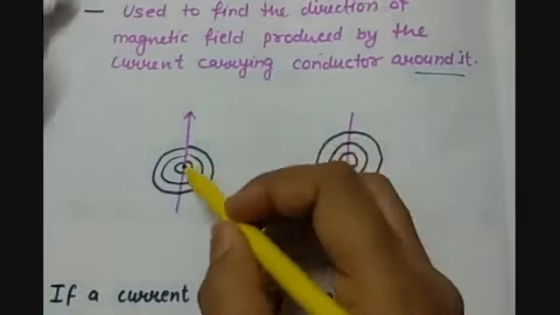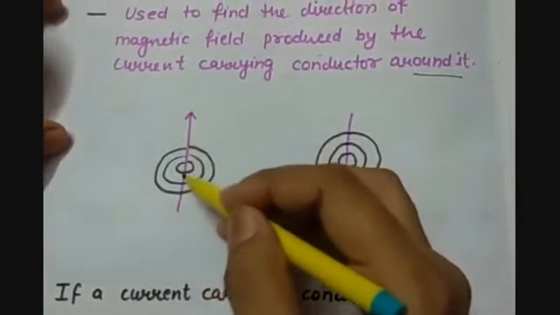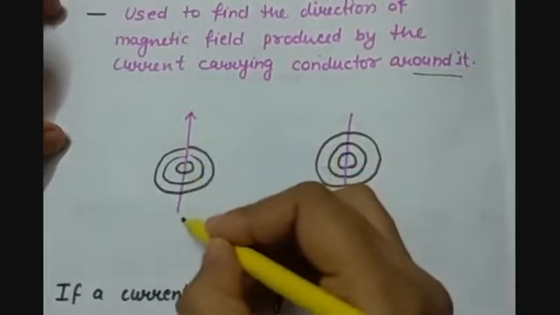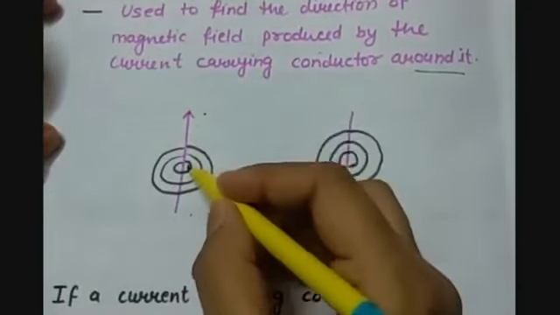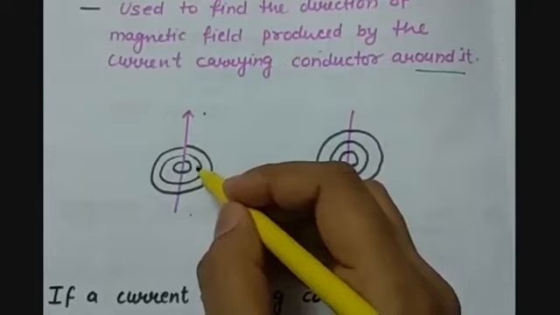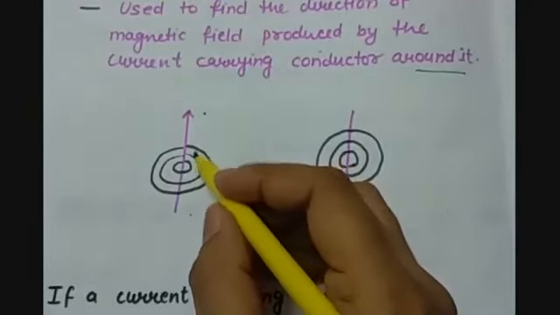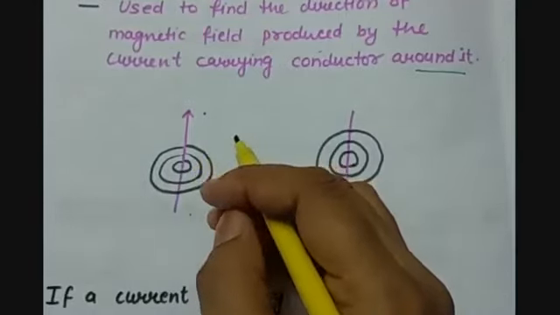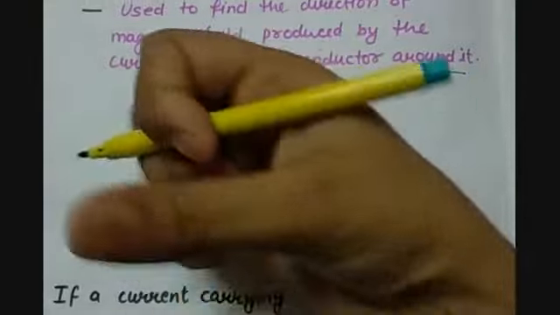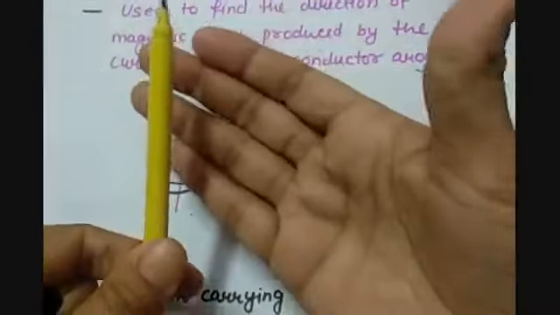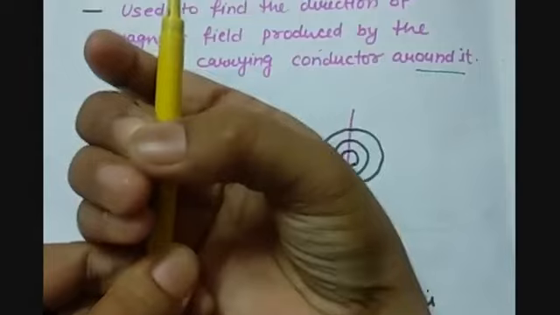So we have a straight conductor here, in which the current is flowing from down to up, and the concentric circles are formed around it. So what is the direction? The direction should be this, like this is the conductor and this should be the circle formed.